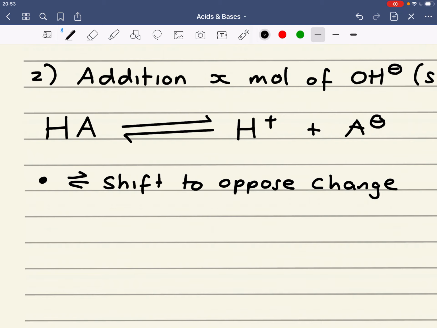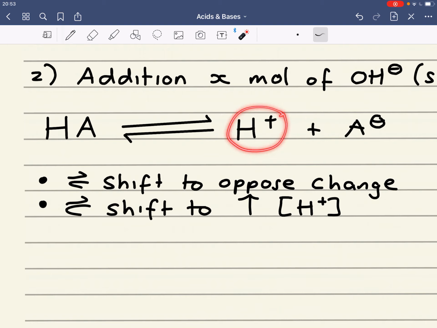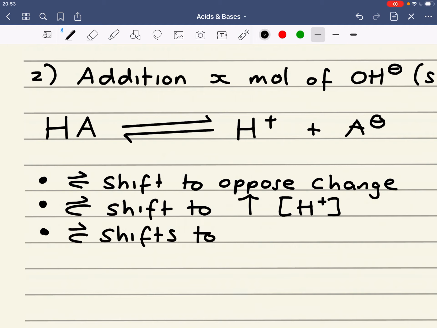Now, adding hydroxide ions, the hydroxide ions will react with these hydrogen ions. So the equilibrium is going to shift to oppose that, and it's going to shift to increase the concentration of hydrogen ions, because the hydroxide ions are going to react with these hydrogen ions, and therefore we would say the equilibrium shifts to the right.